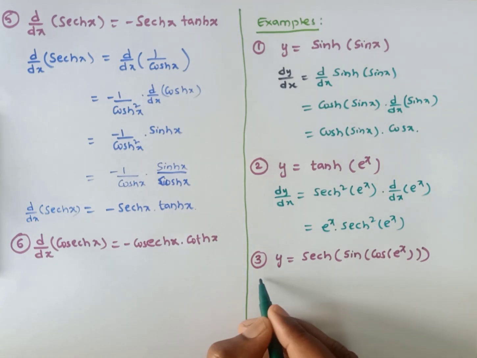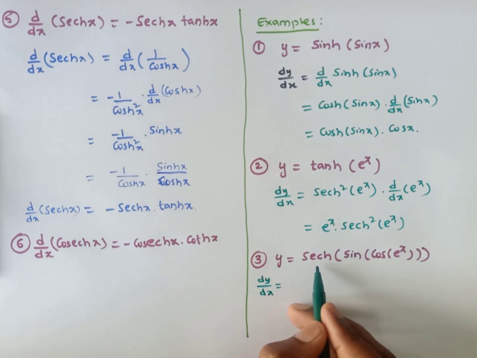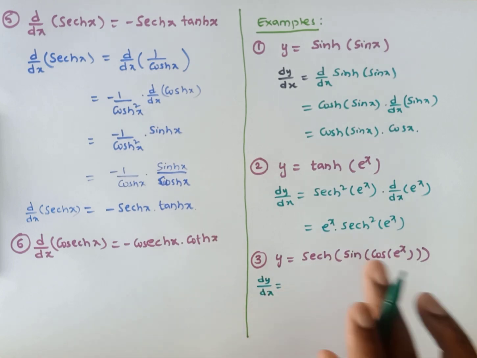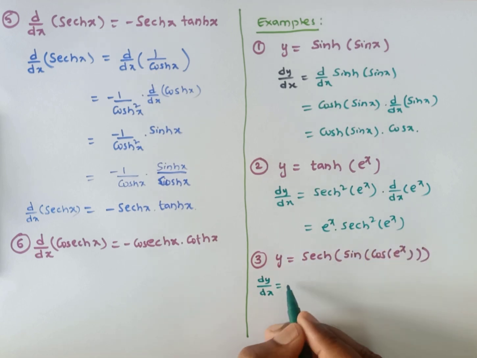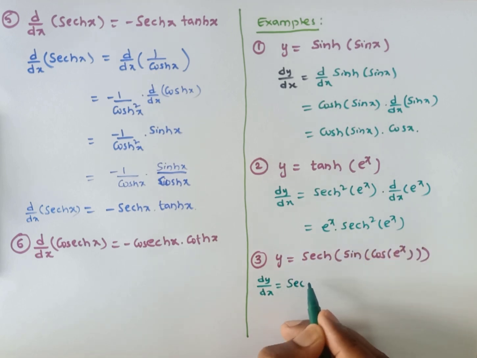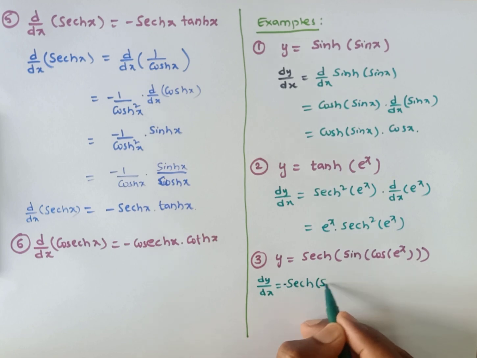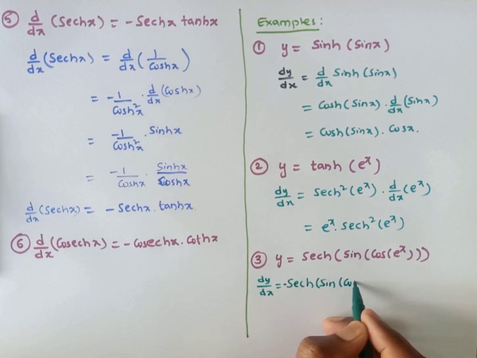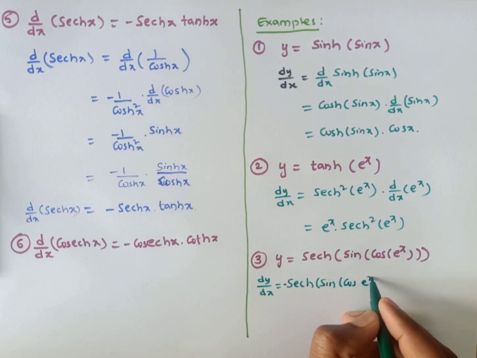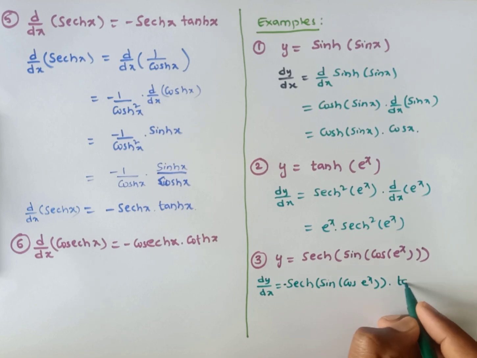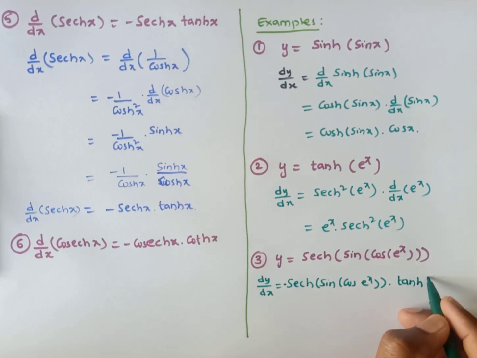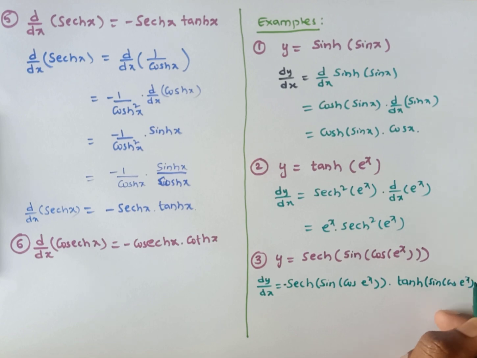Now dy by dx is equal to the derivative of sech, keeping the inside as it is, so the derivative of sech x is minus sech x into tanh x, that is, sech of sin of cos of e power x into tanh of sin of cos of e power x.